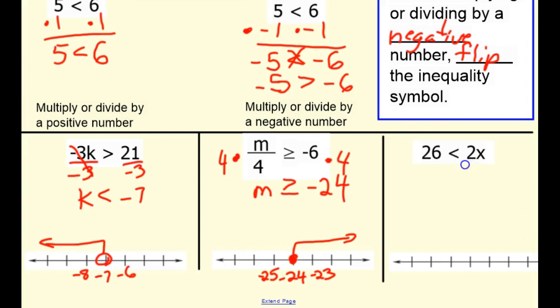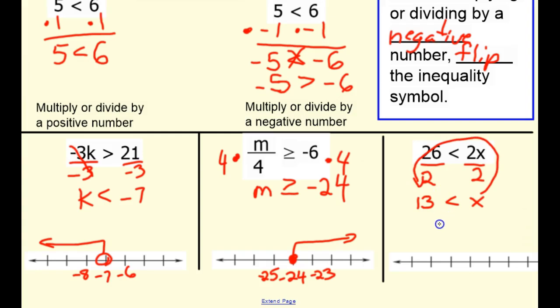Here we have to get x by itself by dividing by 2, and divide by 2. So x is less than 13. Now take a look. The variable is on our right side. So we always need to get it over to the left side.